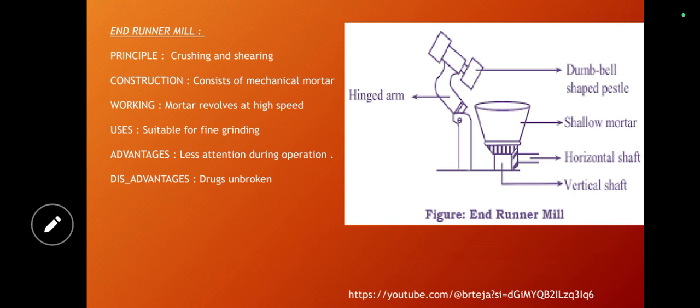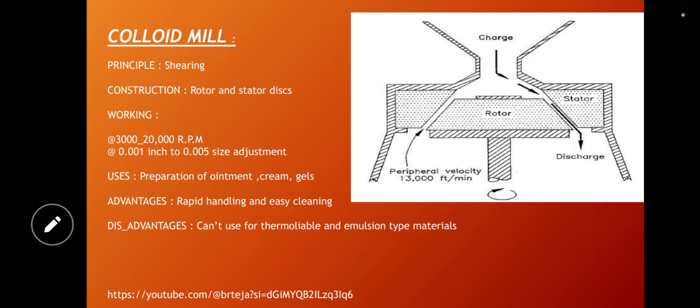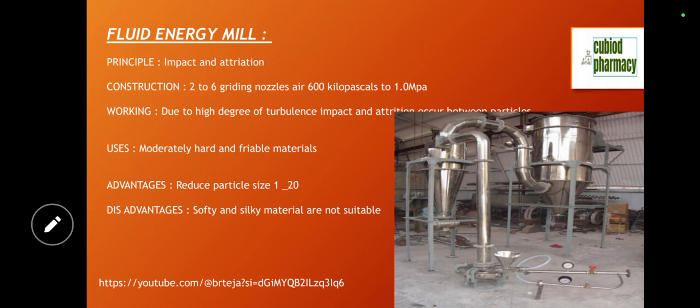Hicks law, Rittinger's law and Bond's law. This is all about milling and size reduction. The smaller the size, the larger the surface area and the faster the dissolution. Simply, specific surface is equal to surface area by weight.